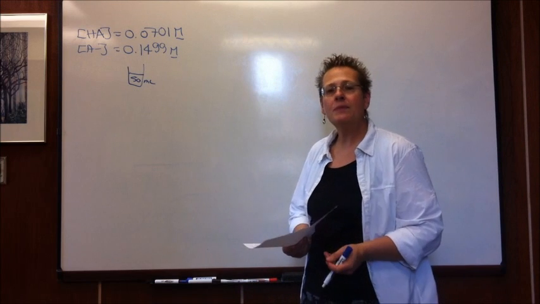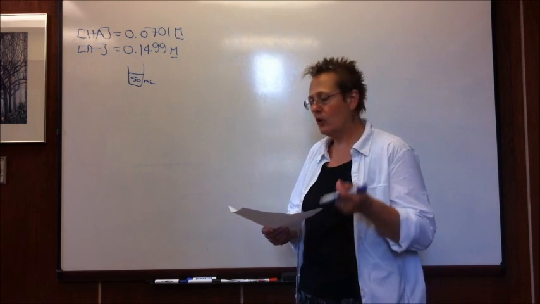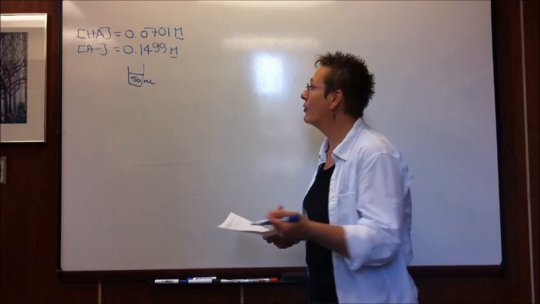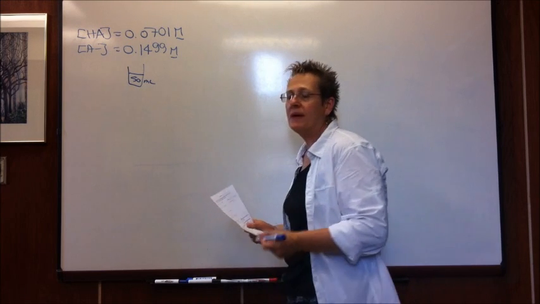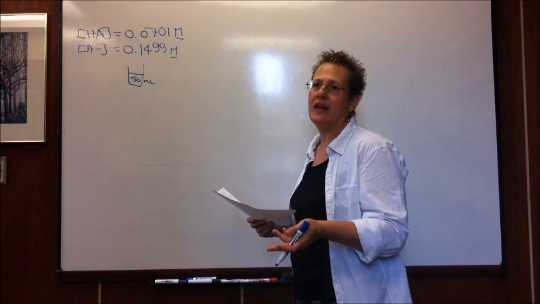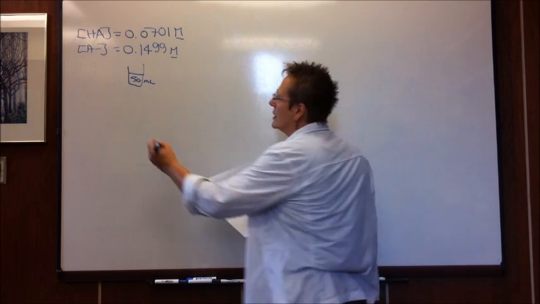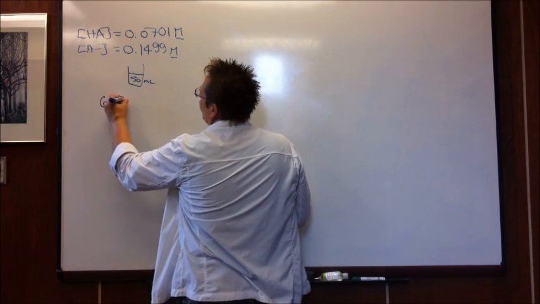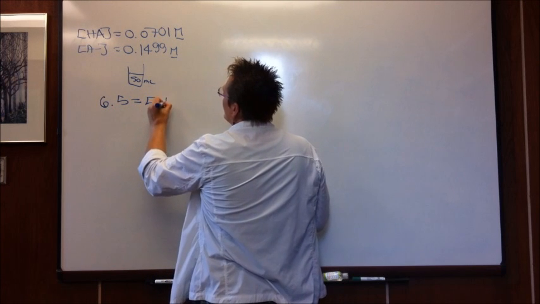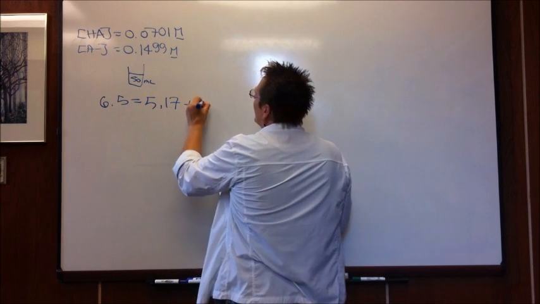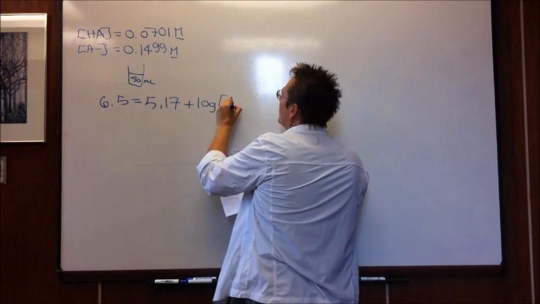So if we're going to increase the pH by 1 unit, we're going to go from the 5.5 we were at before to 6.5. So basically we have to start by solving for the Henderson-Hasselbalch equation, the ratios and the concentrations again. We're going to go to pH 6.5 is equal to our pKa, it's still the same at 5.17, plus the log of A minus over HA.